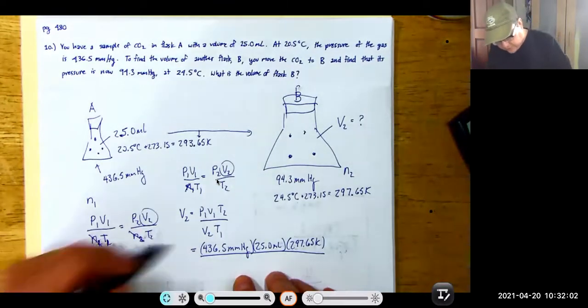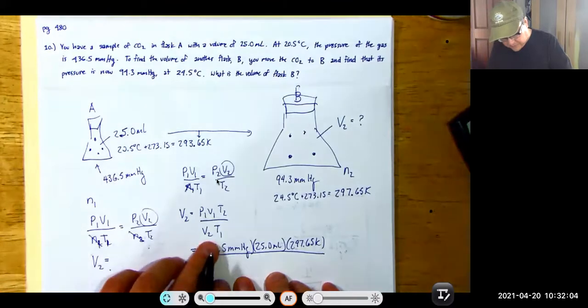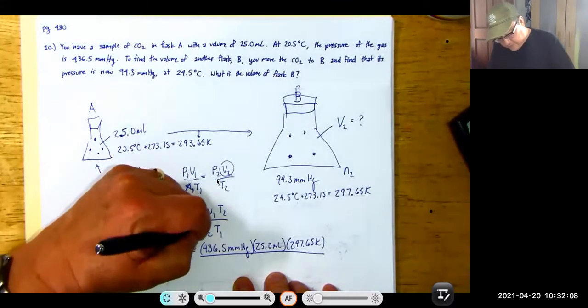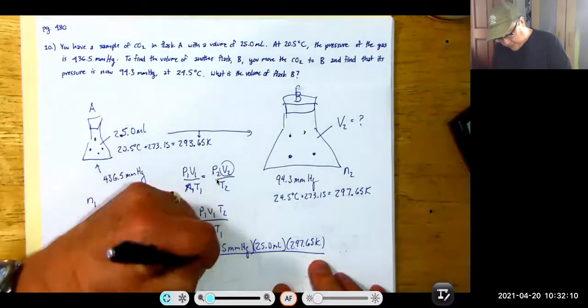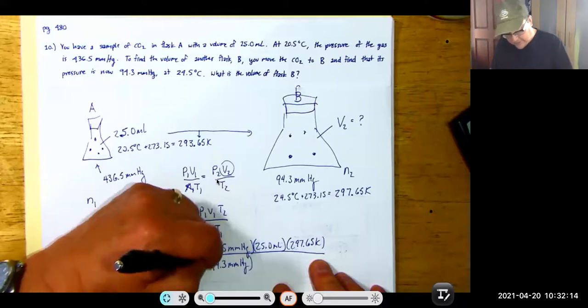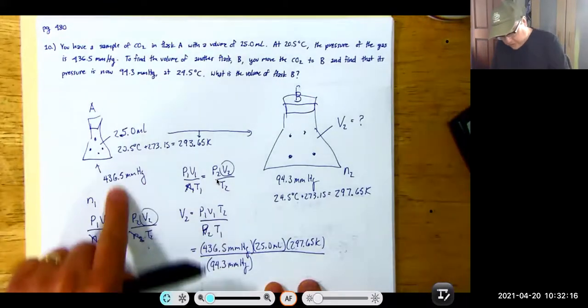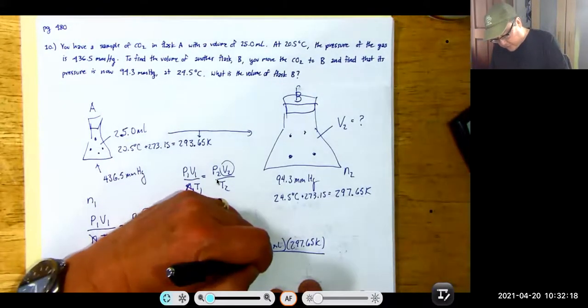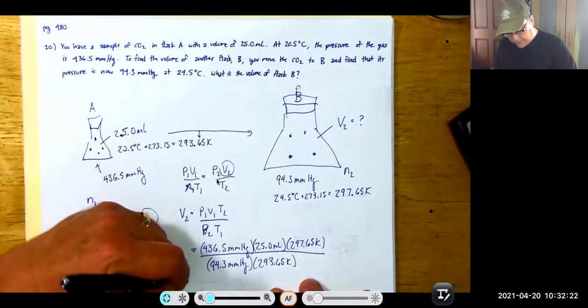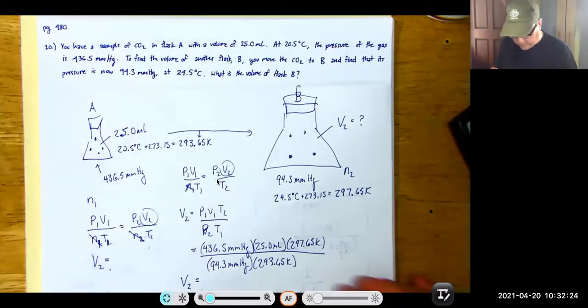Oh, this is supposed to be P2. P2 is 94.3 millimeters of mercury. And T1 is over here, 293.65 K.